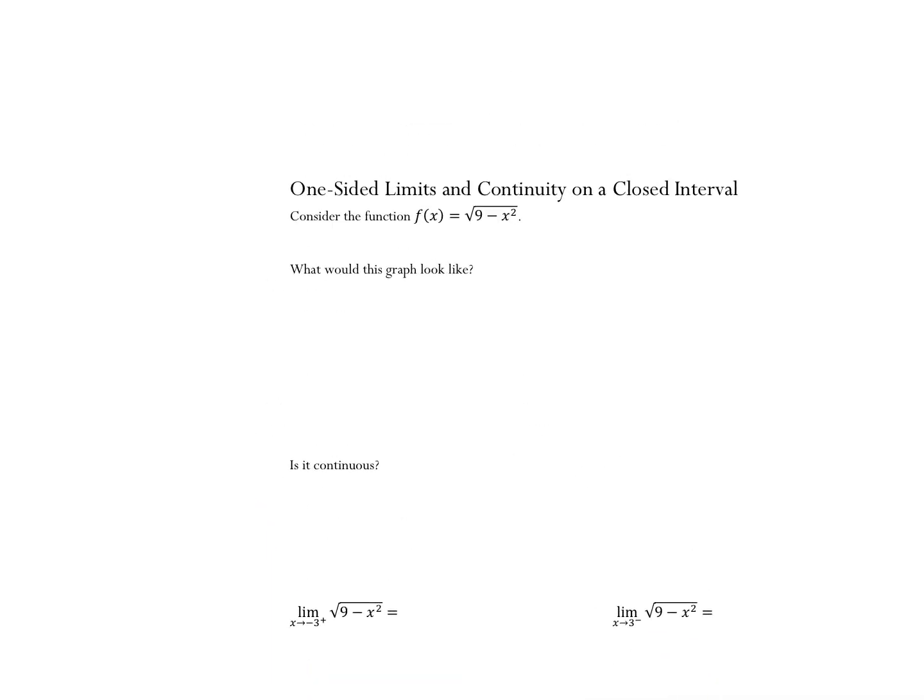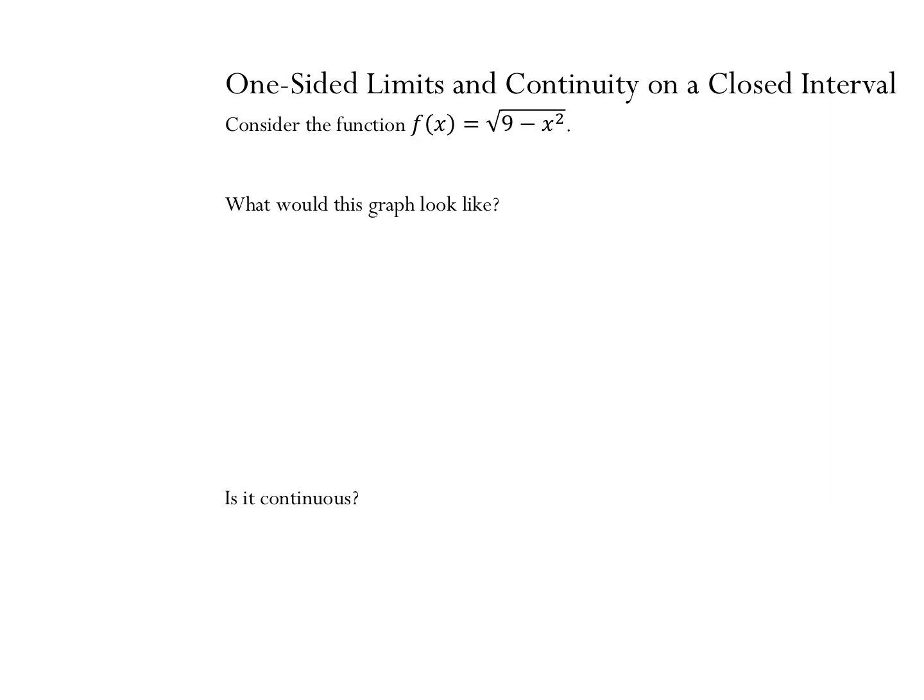All right, guys, consider the square root of 9 minus x squared. First things first, can x equal anything we want? Another way of saying that is, what is the domain?